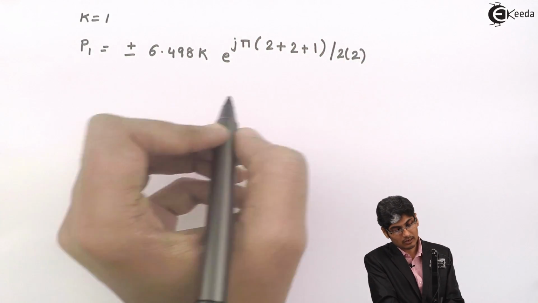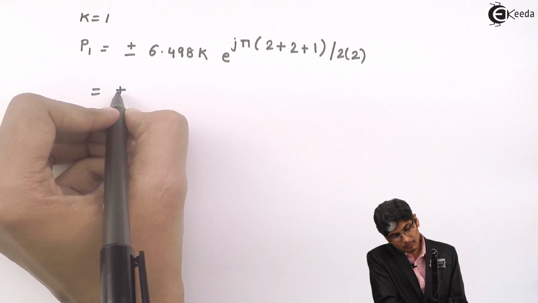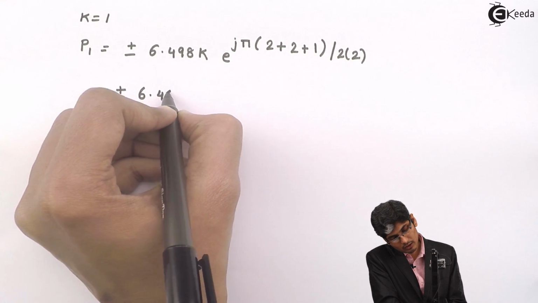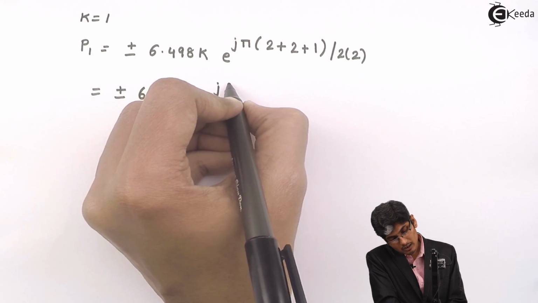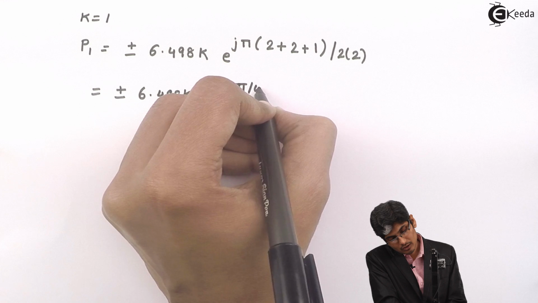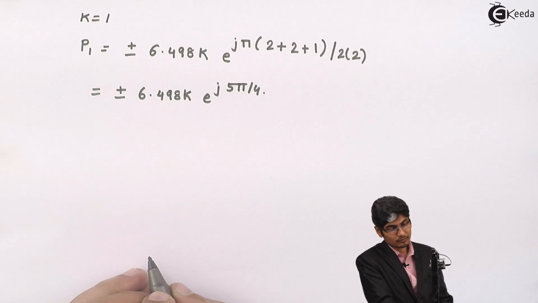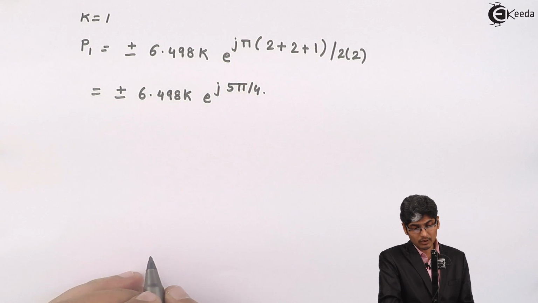So it will be plus or minus 6.498 k e raised to j 5 pi by 4 will be the value that I will get after the product.